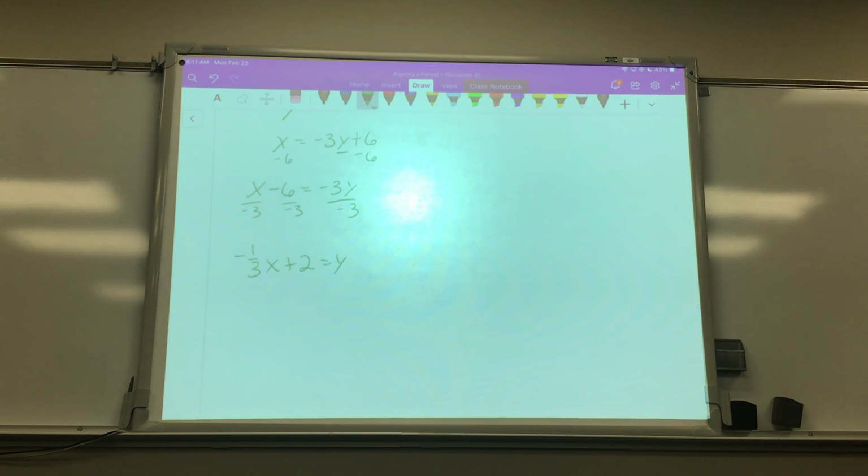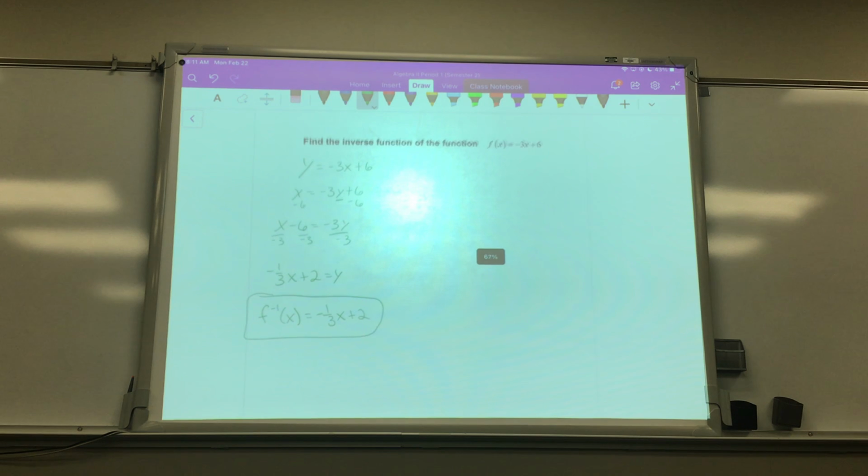Put it into the final formula. Yeah. I need to know that that's the inverse function, right? We found the inverse function. You need to tell me that it's the inverse function, so we need to have that notation that says this is the inverse. Go ahead, give that one a try.